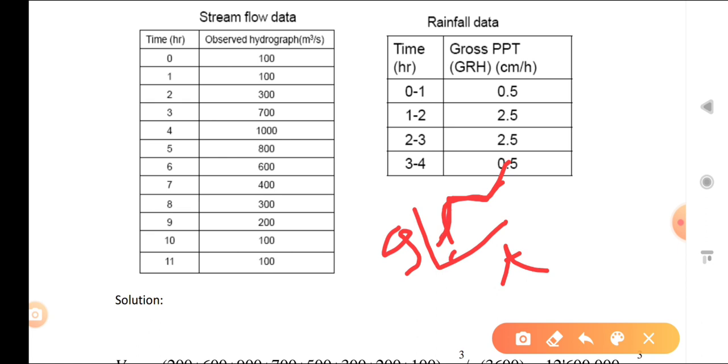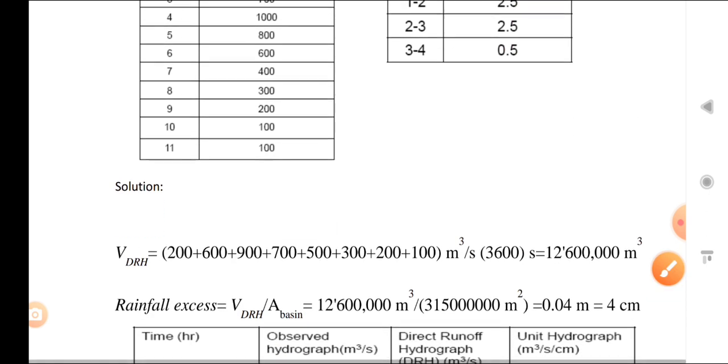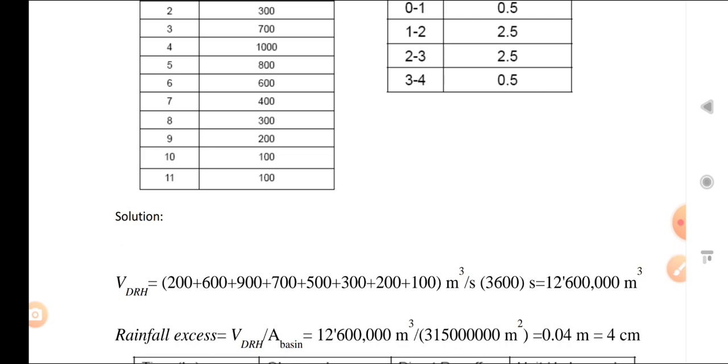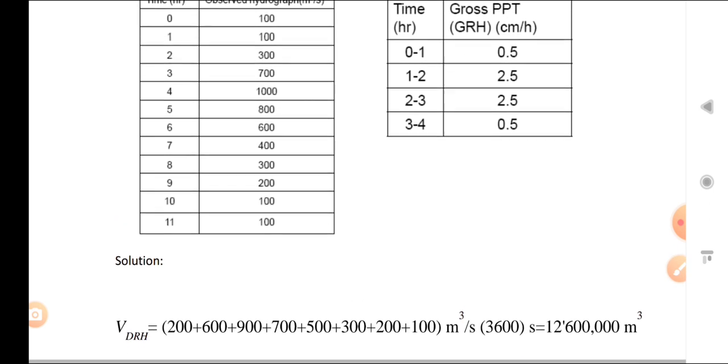When you take the area of that graph, discharge multiplied by time, it gives you the volume. And we have to find ER. How will we find ER? We should calculate the volume, and since the area is given, we can solve it like that. First of all we have to find the volume of the DRH. So how will we find the volume of the DRH?